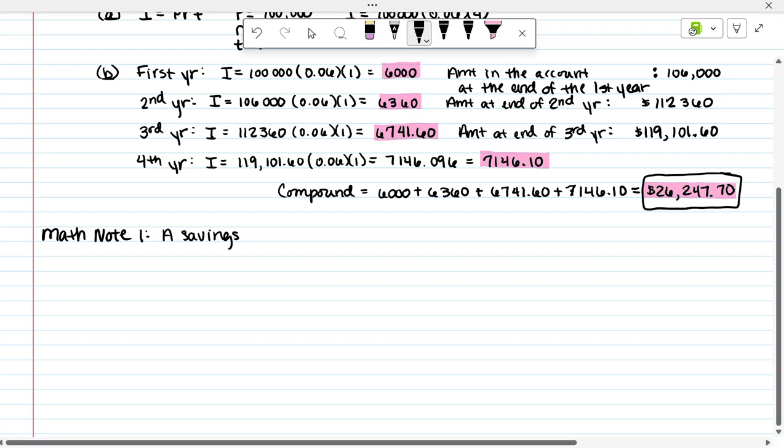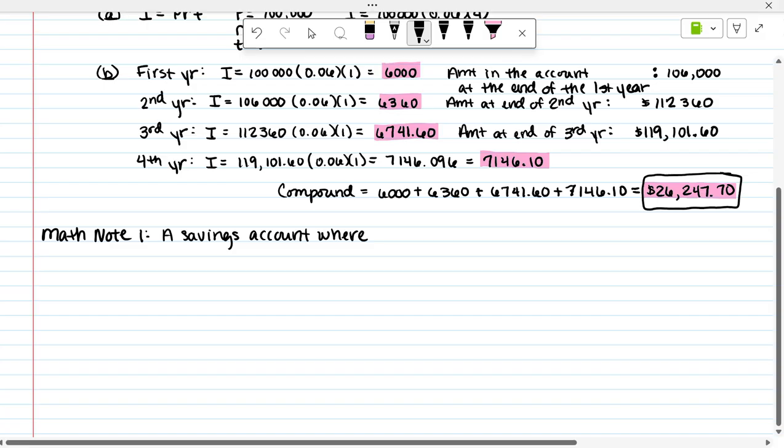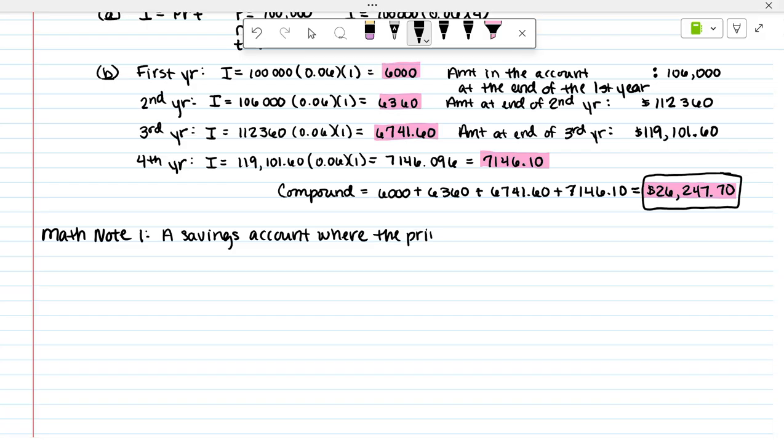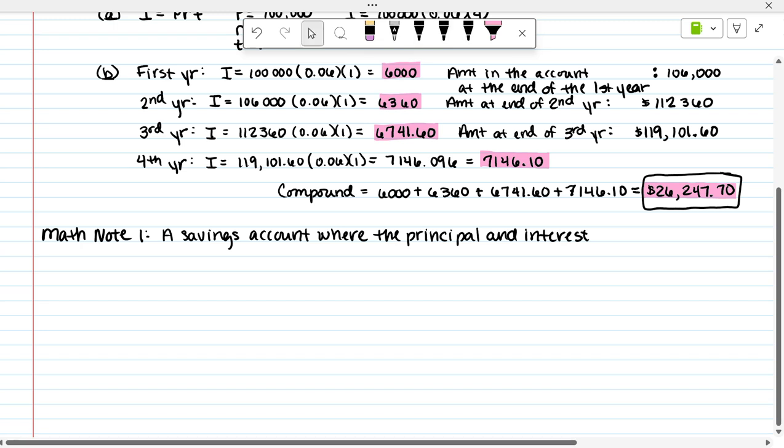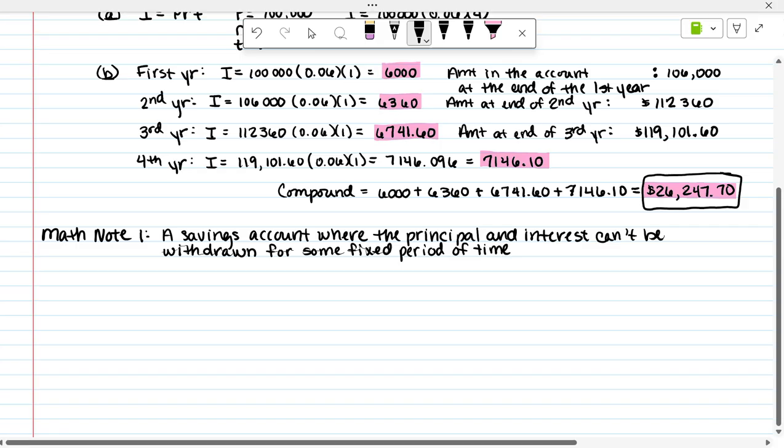So vocabulary item, a savings account where the principal and interest can't be withdrawn for some fixed period of time without penalty is called a certificate of deposit.